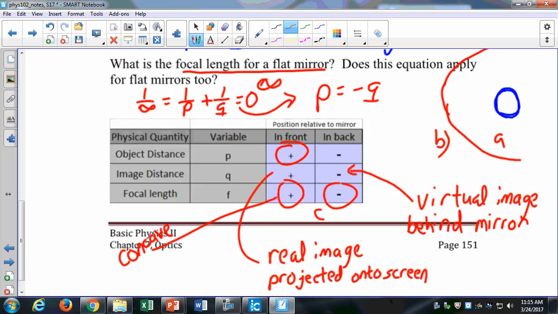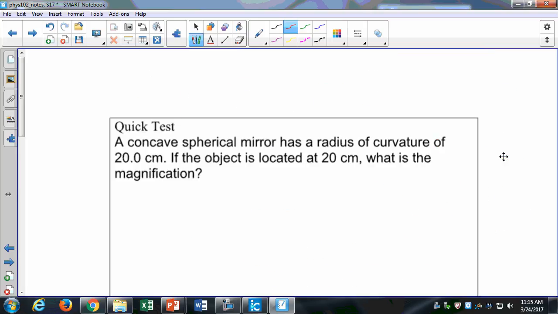Convex mirrors have a negative focal length. We'll see this as we work through problems. But do you think I'm going to tell you that the focal length is positive or negative? Like, do I look that nice? No. So you need to know that concave mirrors have a positive focal length and convex mirrors have a negative focal length. Don't worry, with practice you'll get it. But knowing these signs is pretty important.